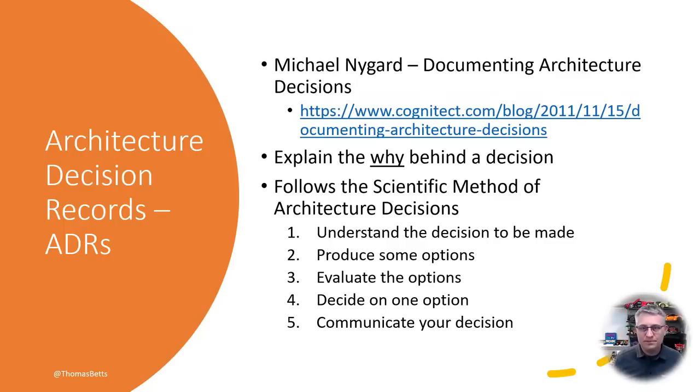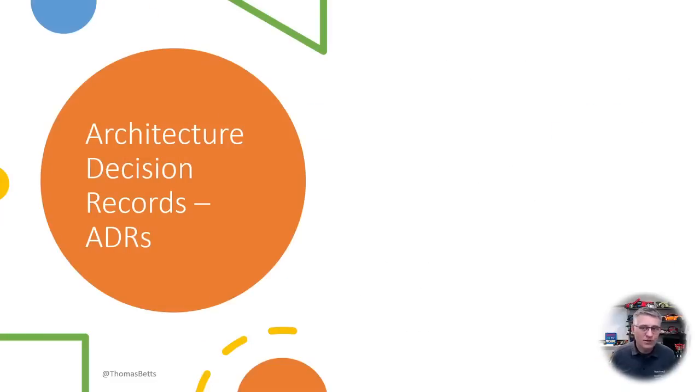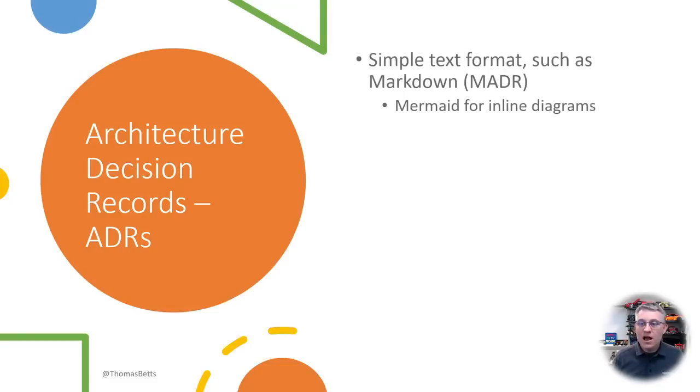ADRs have that same effect for you as an individual because they force you to go through the deliberate thinking process. Now, I know some people are more comfortable drawing boxes and arrows than writing prose. This doesn't need to be a lot of writing. There's an emphasis on it being really lightweight. Now, I personally prefer to write ADRs using Markdown. There's a few different templates out there. The one I use is from MADR, M-A-D-R. It comes with a CLI.